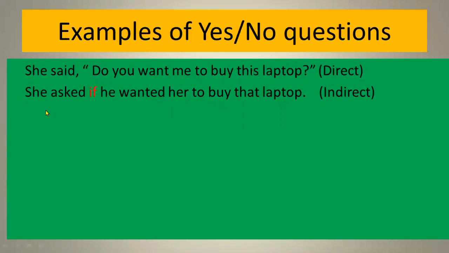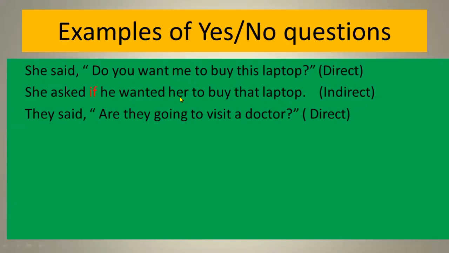So you can see that we have made this question in indirect narration. She asked if he wanted her to buy that laptop. This me, because this me has been used for she, that's why we have changed this pronoun of first person into pronoun of third person.